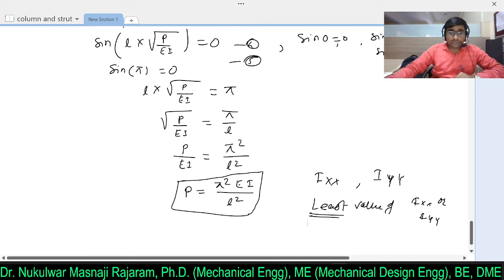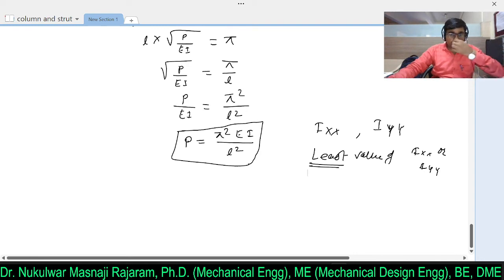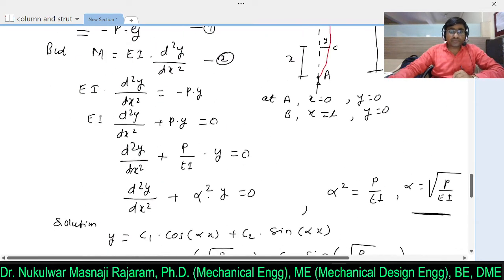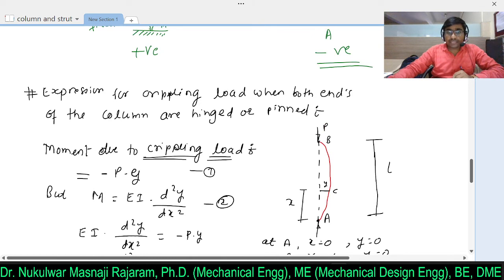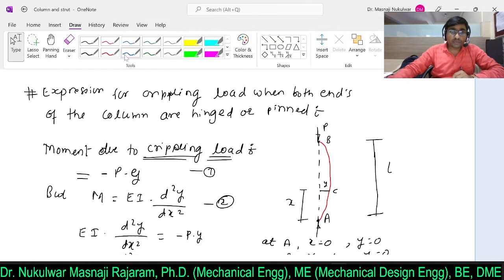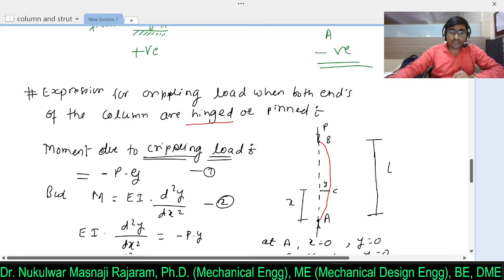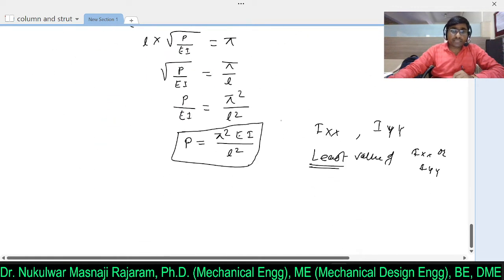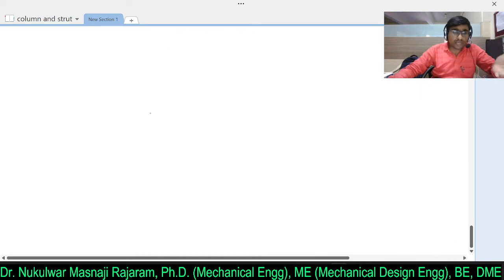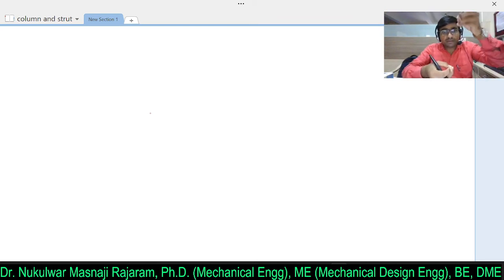Now in this expression, if you observe, this expression we have derived for the hinge or pin support. So we started with the hinge and pin support. Now there are different types of supports. One end may be fixed, one may be free, both ends may be pin, one end may be pin, one end may be fixed.